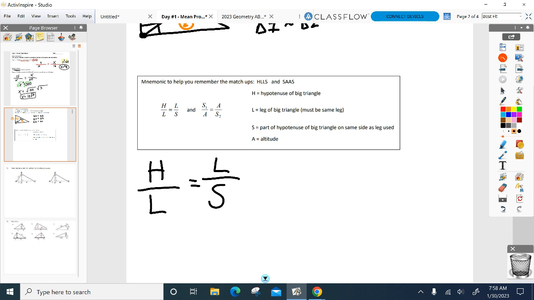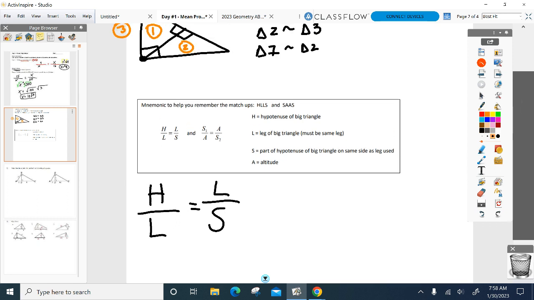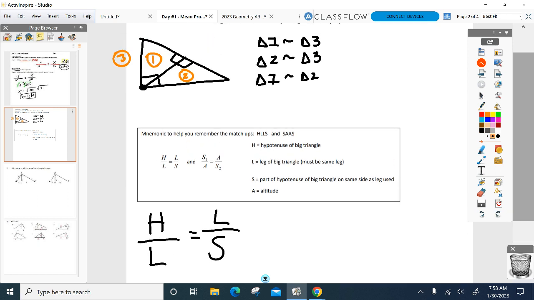Let's slowly talk about what each piece means. The H in HILLS stands for hypotenuse. Where's the hypotenuse? Go back to our diagram, please. When we say hypotenuse, that's the hypotenuse of the large triangle. So let's make sure we label what we know as the hypotenuse.